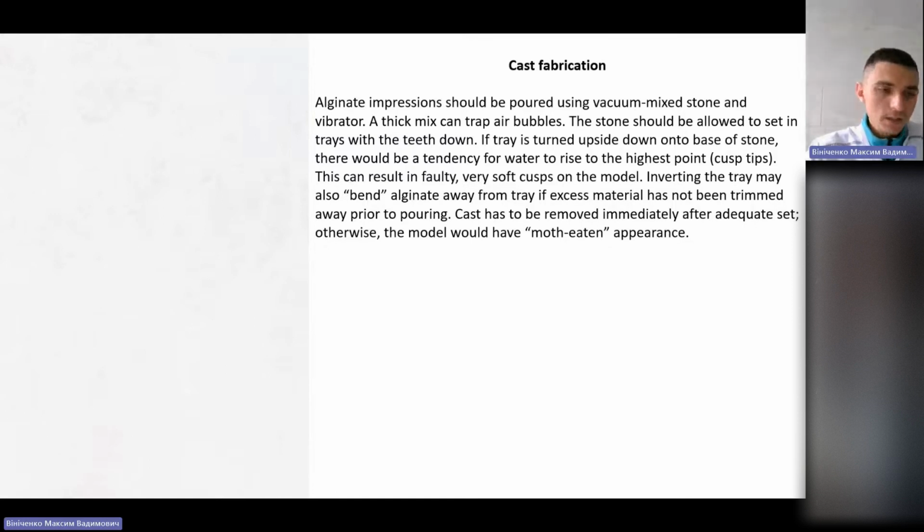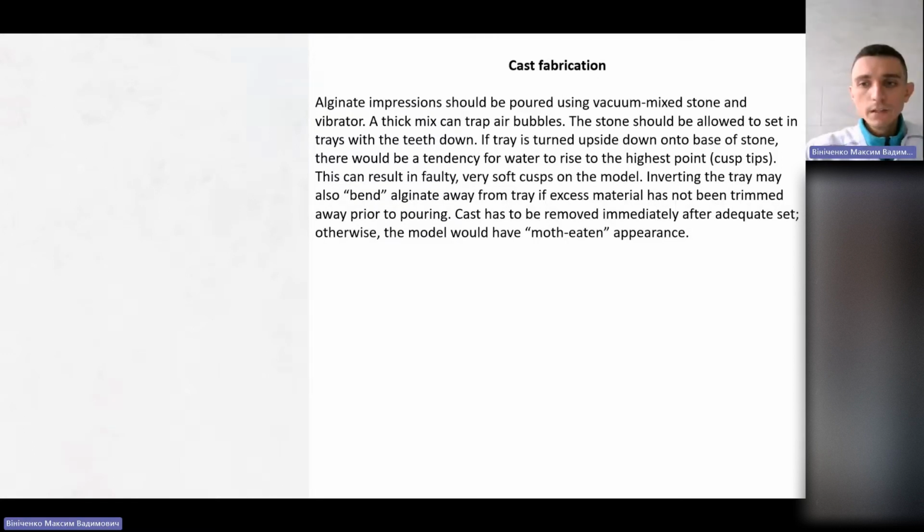About this cast fabrication, when I make this cast for my patients, I use the gypsum of the 4th class for the dental area, and the gypsum of the 3rd class to make what is called the plinth of this dental cast.